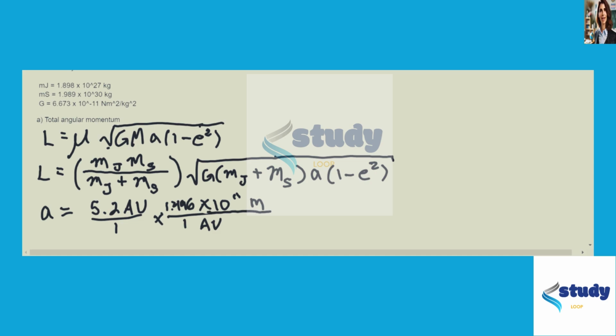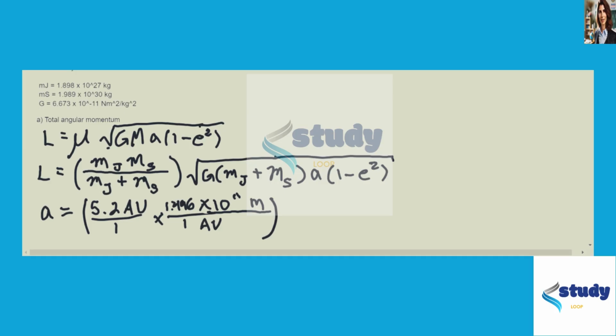So that's going to be part of our calculation as well. When we plug in A, we're not going to plug in 5.2. We're going to plug in 5.2 times 1.496 times 10 to the 11th in there. Our masses are already in kilograms, so we're good. Gravitational constant is good. The eccentricity doesn't have a unit, so the rest of those are good.